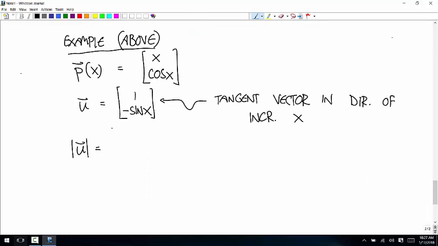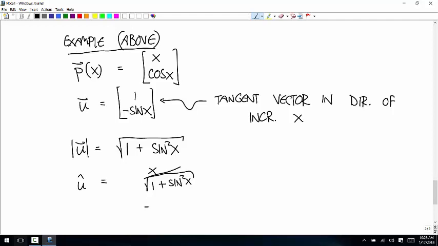So now the magnitude of u is the square root of 1 plus sine squared of x. And so the unit vector is 1 over this radical, negative sine x over this radical.